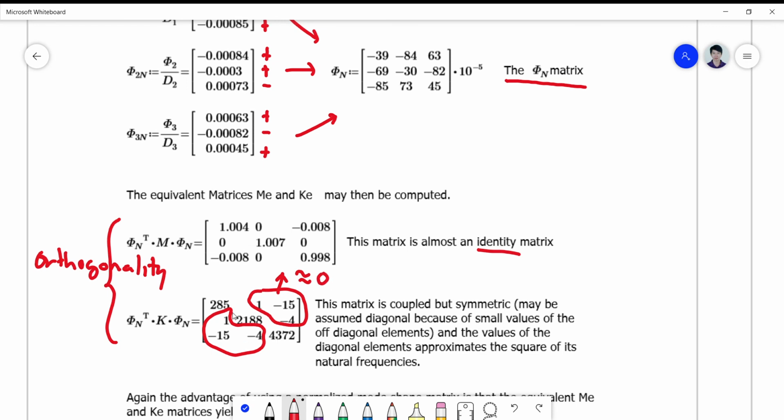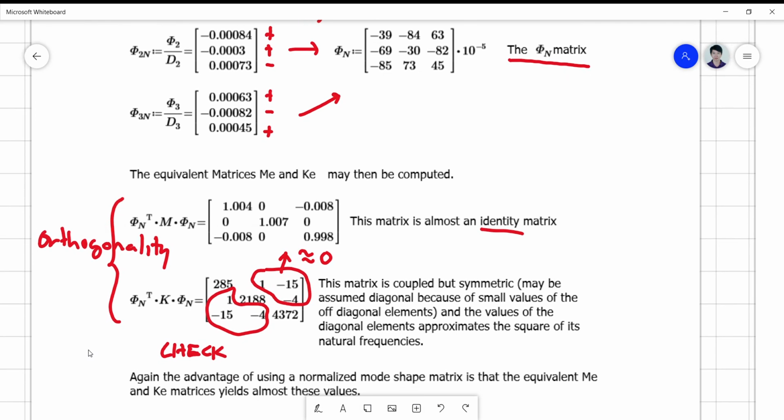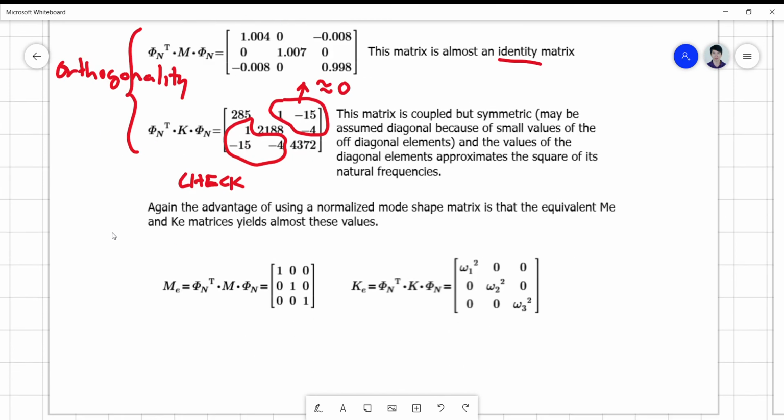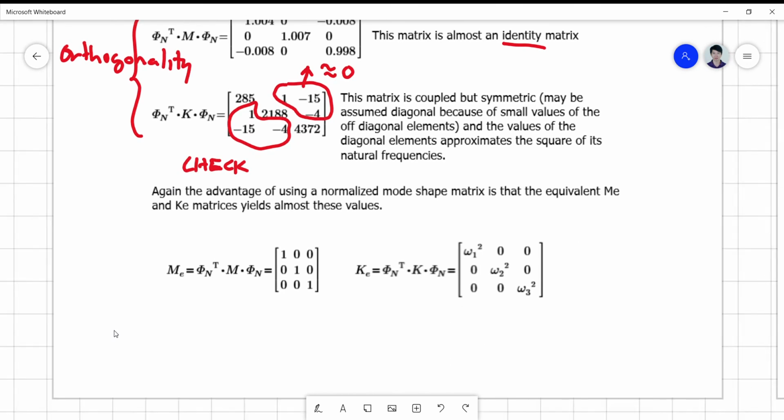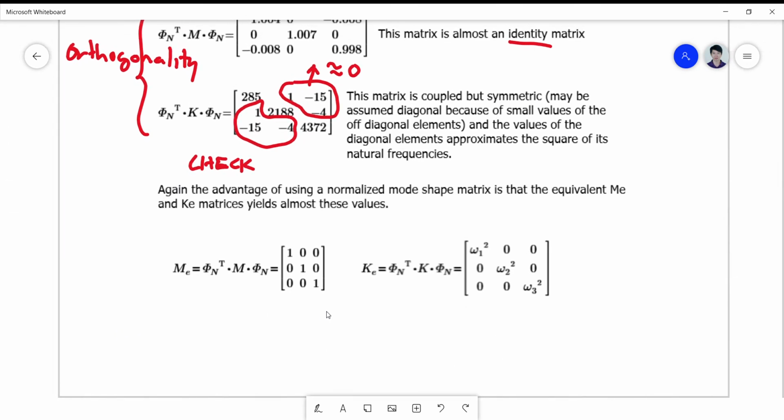Okay, so these are now the natural frequencies squared. So that's a way to check. We are actually checking it. So if you are using software, you might as well check it. The advantage of using a normalized mode shape matrix is that equivalent matrices will yield almost these values.